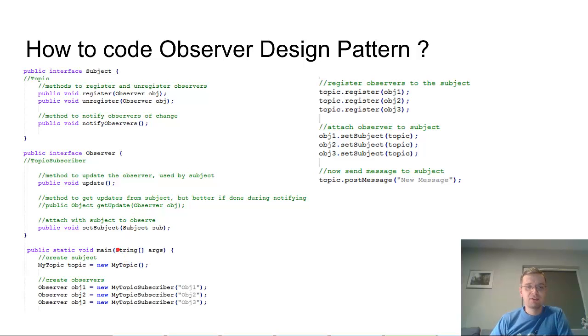So let's see what's happening inside the application. First of all, we create the subject, and the myTopic class is implementing the subject interface. We are creating the observers, and we are registering the observers to the subject, attaching the observers to the subject, and now when we send a new message to the topic, it will notify all the observers of the new message that has come to the topic.